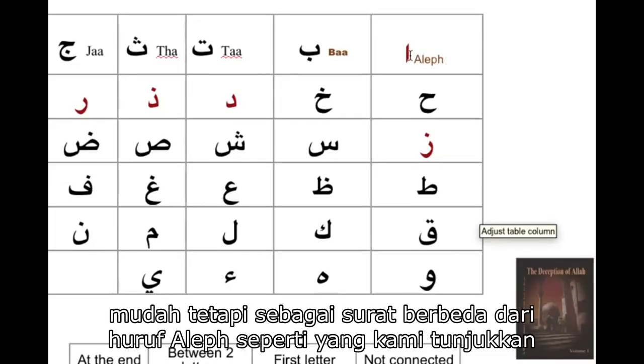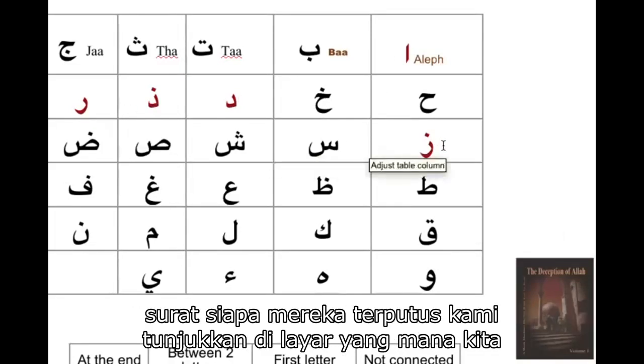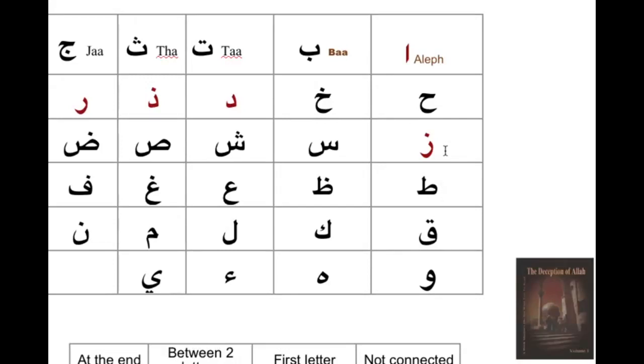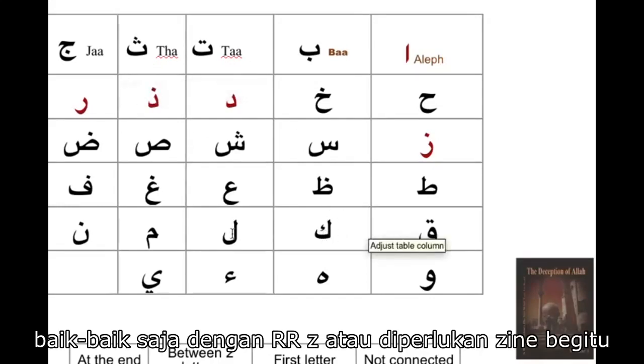Ba as a letter is different from the letter alif, as we showed you. The letters that are disconnected, we showed you on the screen which ones. We can go back up so you can see them again. Alif, dal, thal, ra, za, or we call it zain.